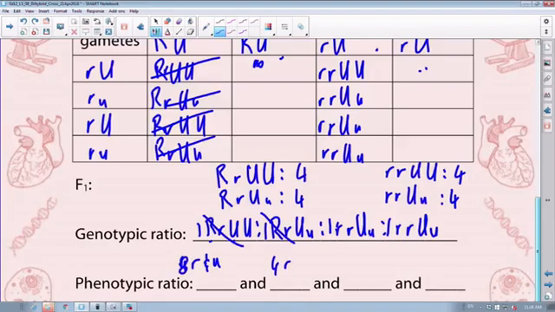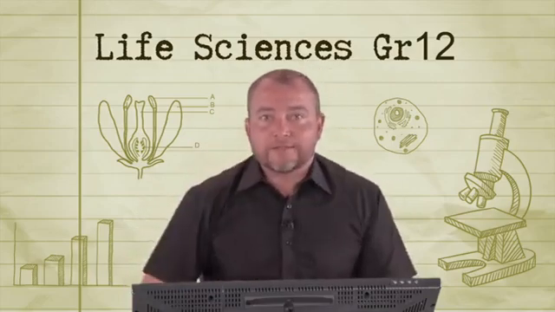And if I have a look, there are 8 non-rolling tongues and attached earlobes. Sorry, attached. So we have 8 attached and non-rolling tongues, and we have 8 unattached and 8 rolling tongues. Right, so that's why I said it becomes so difficult.